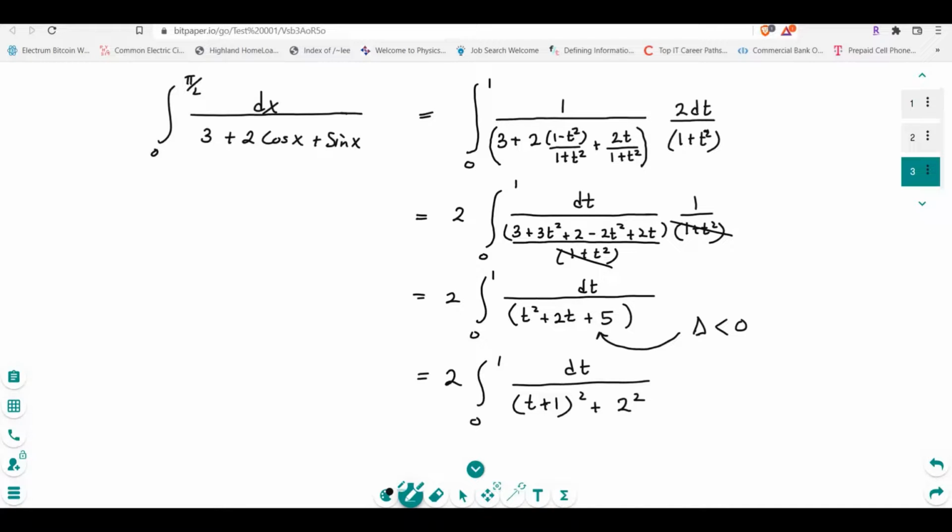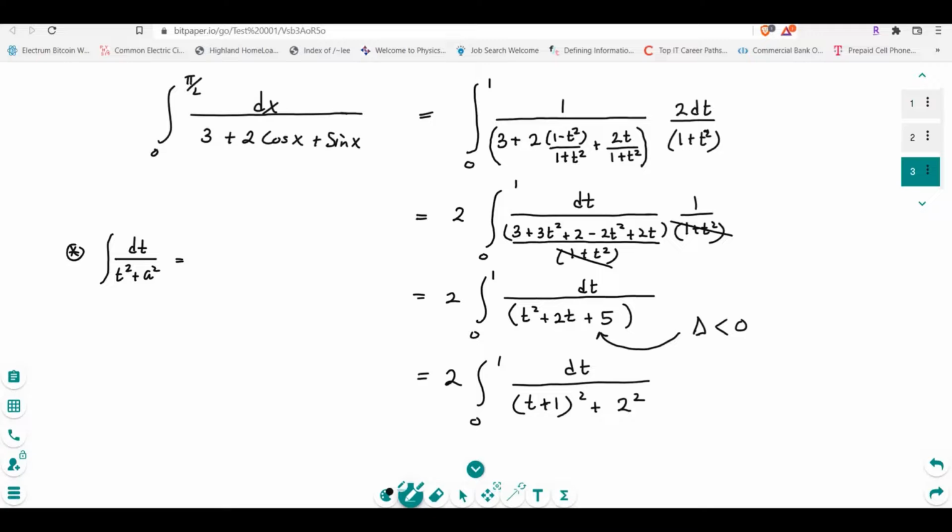So if you recall an integration identity, this is a side note. Let's say that you have dt over t squared plus a squared, and you have to integrate it with respect to t.